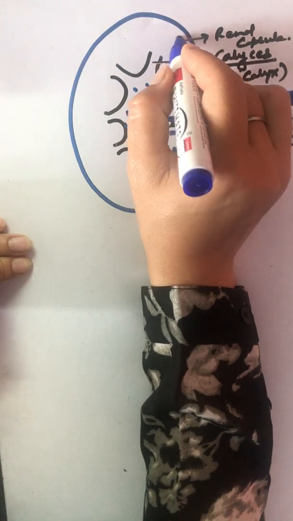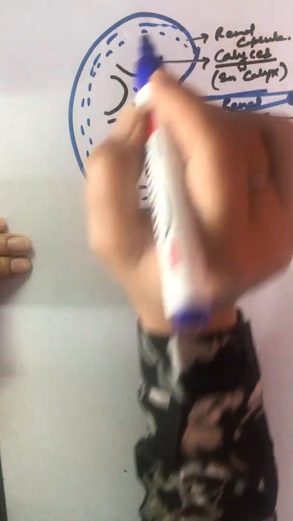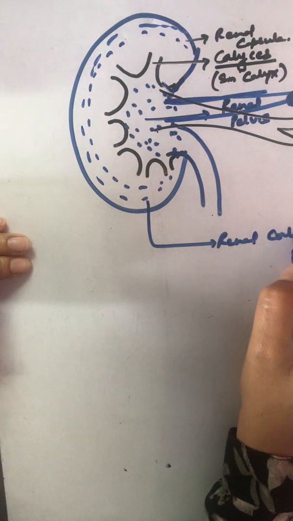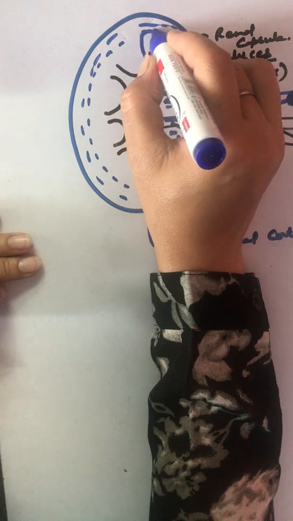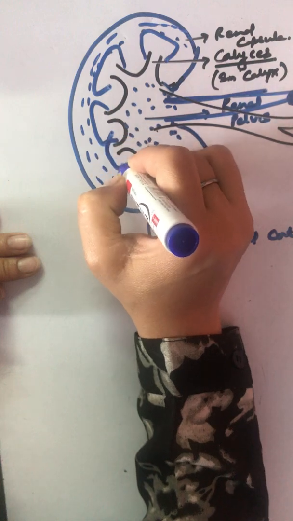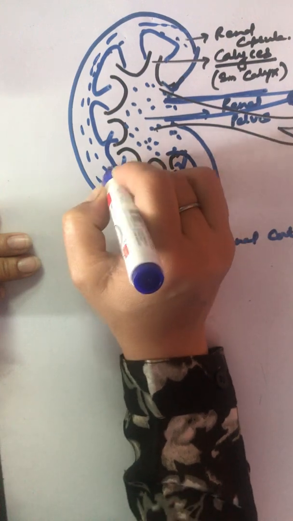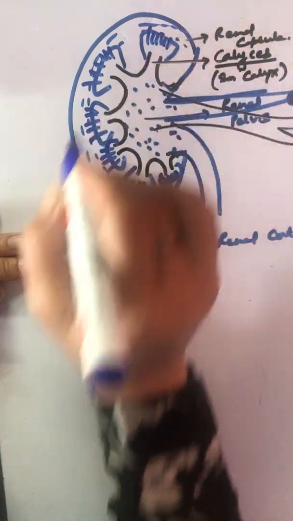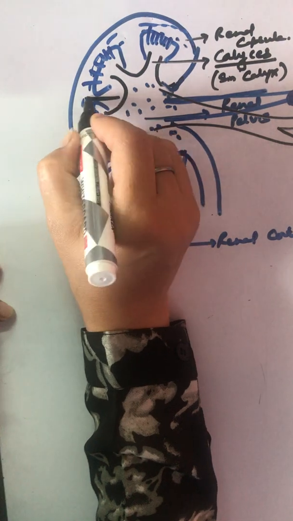This region, which is on the outer side, we call the renal cortex, and these projections further have pyramids on them. These are medullary pyramids, which are projected here. In between you can see these columns.